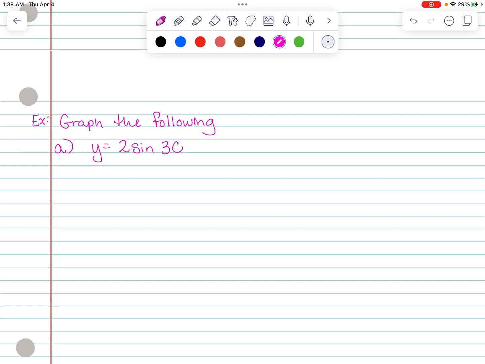Y equals 2 sine of 3 theta. Anytime we graph these, we have 5 things we're talking about: the period, the amplitude, the midline, the domain, and the range.